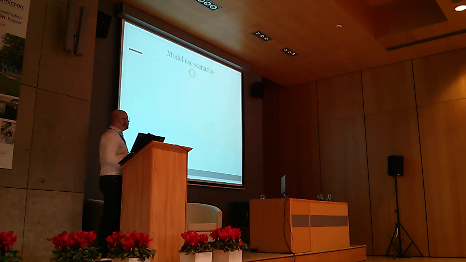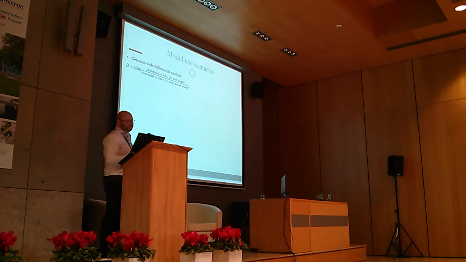We have two uses of our model. First is a genome-wide differential analysis. In such a scenario, we compute the D statistic using the tumor-only and healthy-only models. So we built three models actually, one for the tumors only, another for healthy only, and then a combined model.